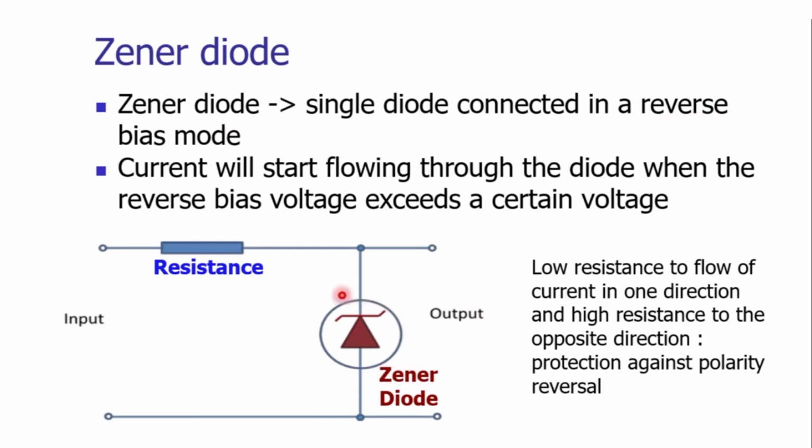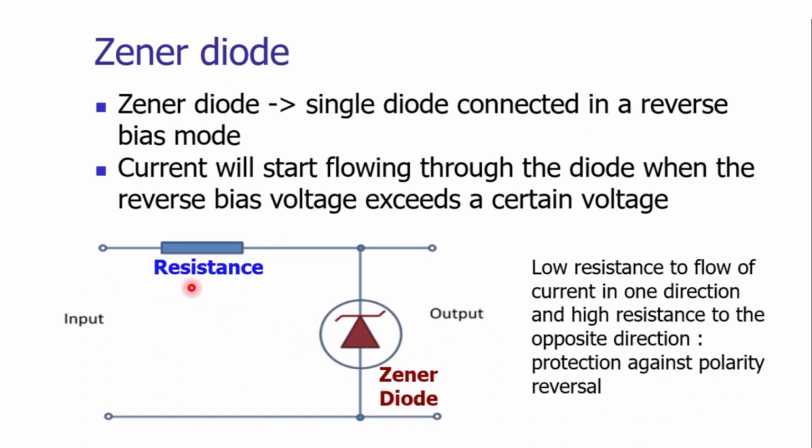On your screen you can see a typical arrangement of a Zener diode. The input is applied across a series of resistance and Zener diode circuitry, and the output is taken across the Zener diode itself. As we are connecting the Zener diode in the reverse bias mode, it will safeguard the microprocessor which is connected to the input.